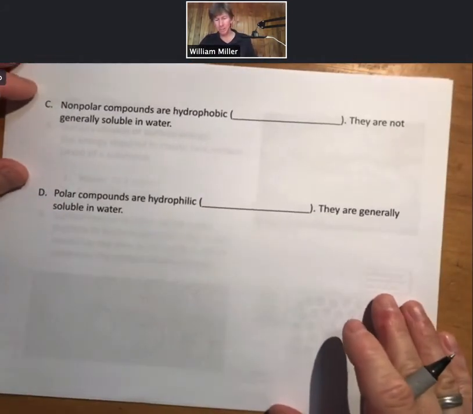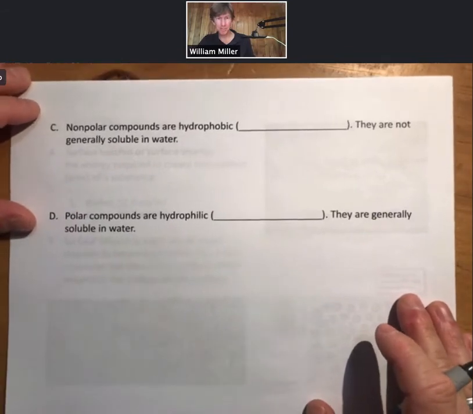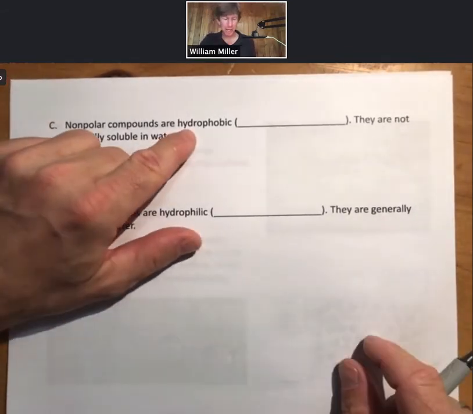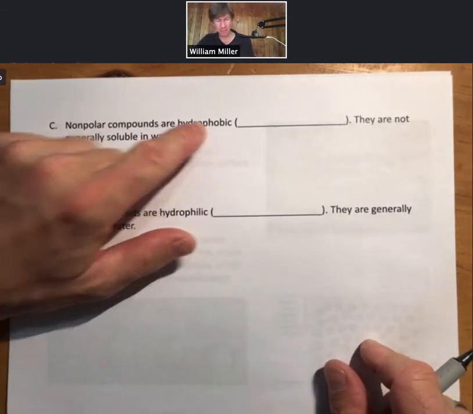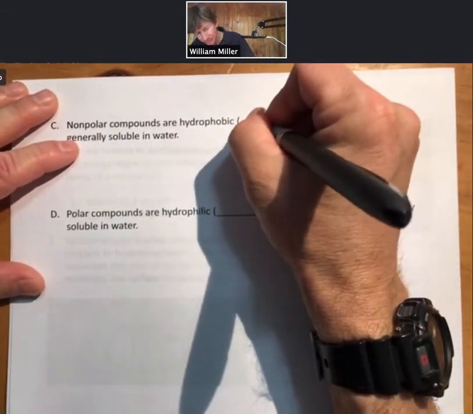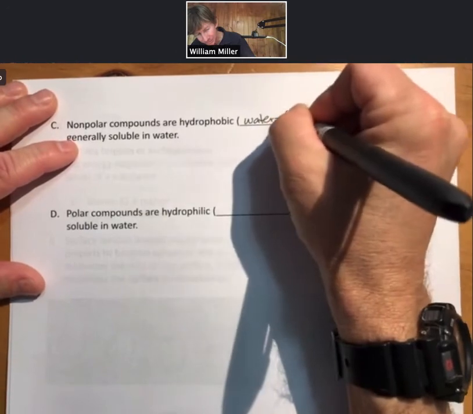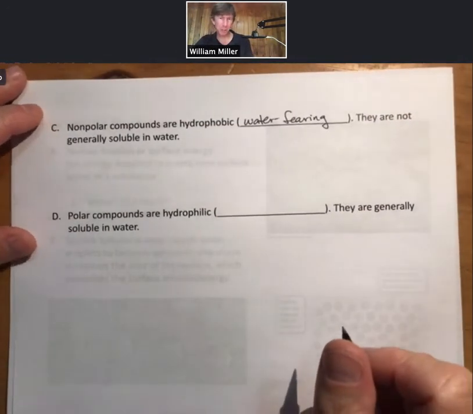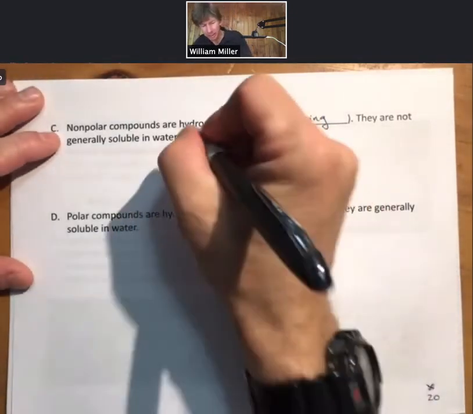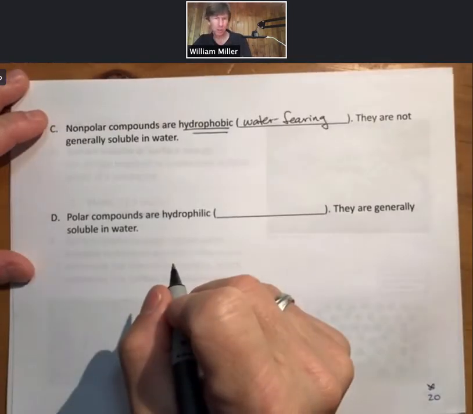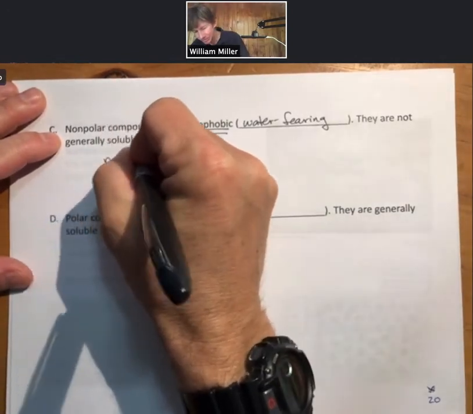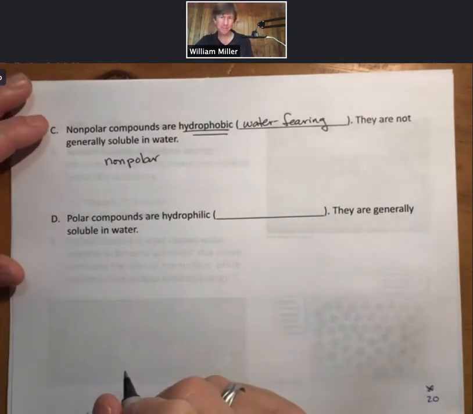Now, more about solubility. Nonpolar compounds are what are called hydrophobic. Hydro means water, phobic means fearing. They are not generally soluble in water, and hydrophobic compounds are almost always nonpolar. Okay.